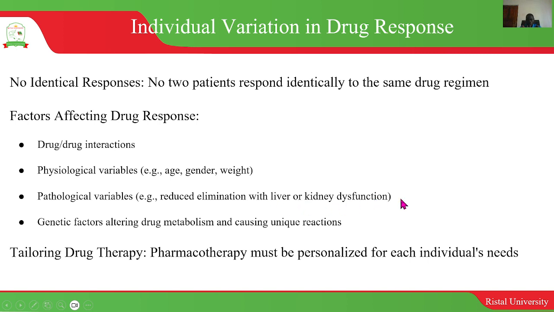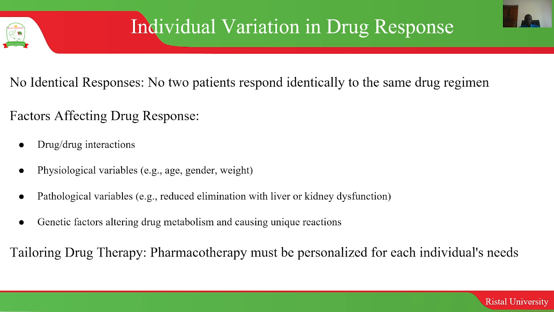So one point here is that we always have caution when prescribing to people with already known kidney or liver disease. Why? Because we know that some of these drugs that are eliminated through the kidney may not be eliminated as well as in a normal person, because the kidney already has a dysfunction, and then we are giving this person this particular drug, so we need to consider the dosage we are giving.